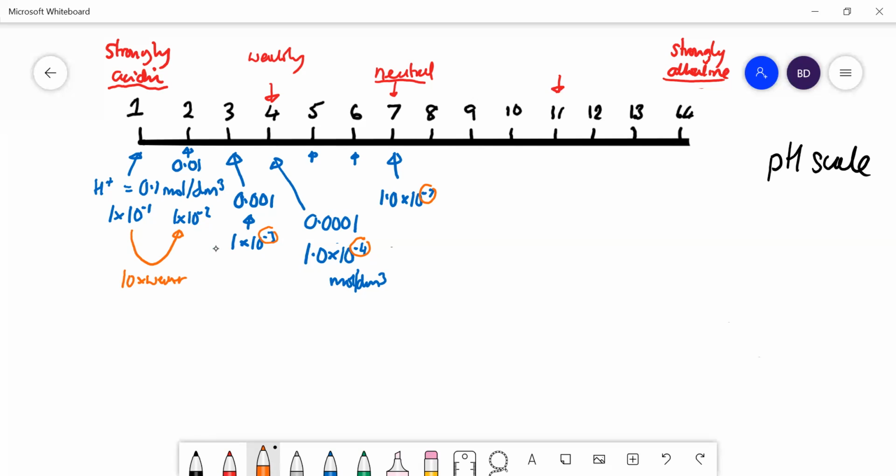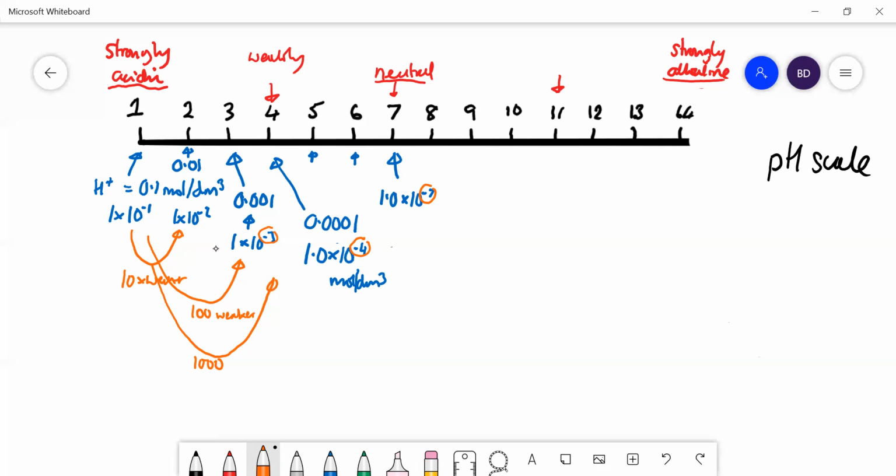If you go up 2 pH units, say from 1 to 3, it becomes 100 times weaker. If you like 10 to the power of 2. If you go up 3 units, it's going to become 1,000 times weaker, and so on. So if you go up 1 pH unit, it gets 10 times weaker.